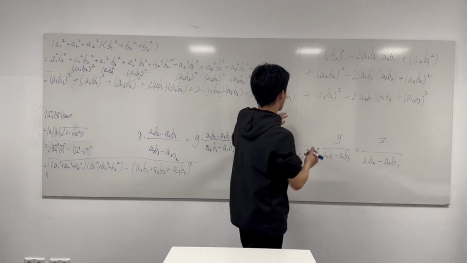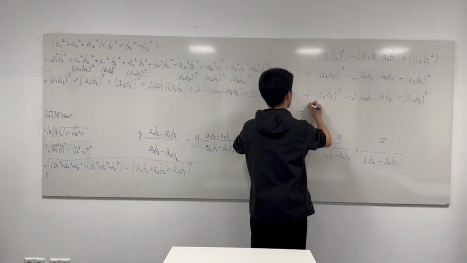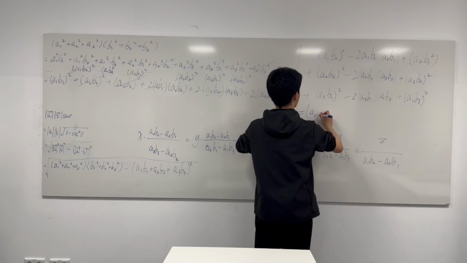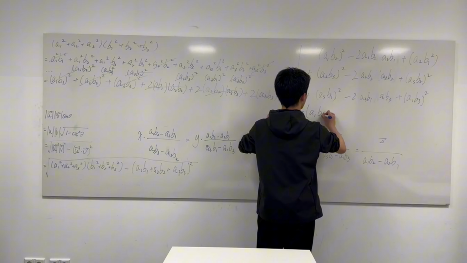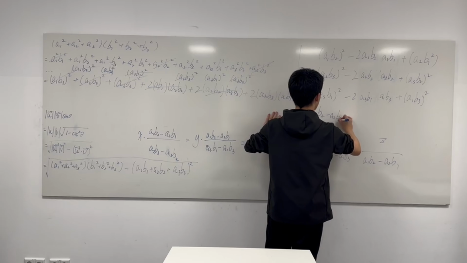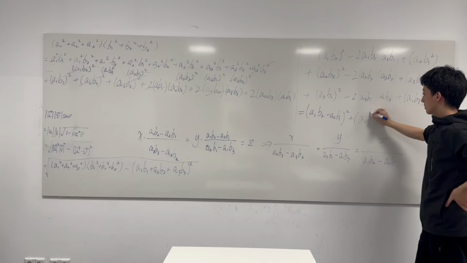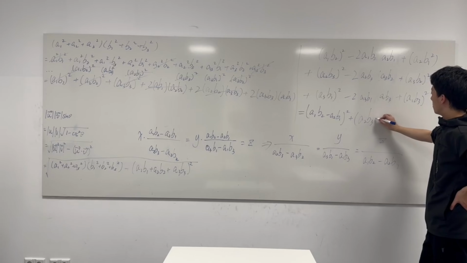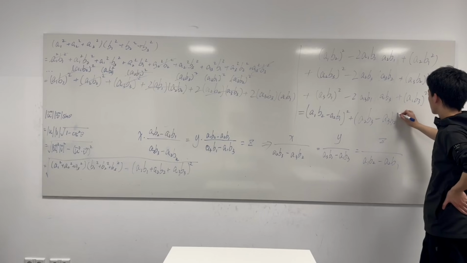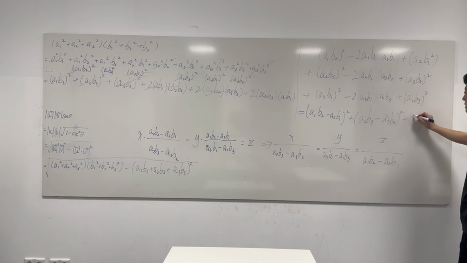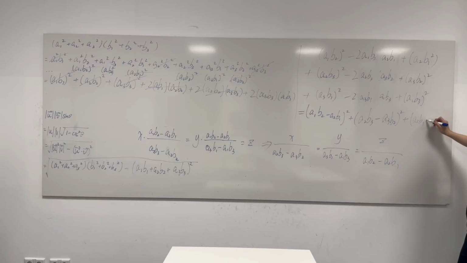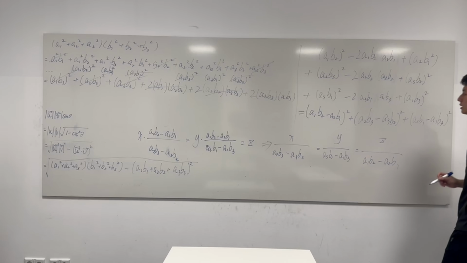At the end, the whole thing is equal to (a1 b2 minus a2 b1) square plus (a2 b3 minus a3 b2) square plus (a3 b1 minus a1 b3) square.